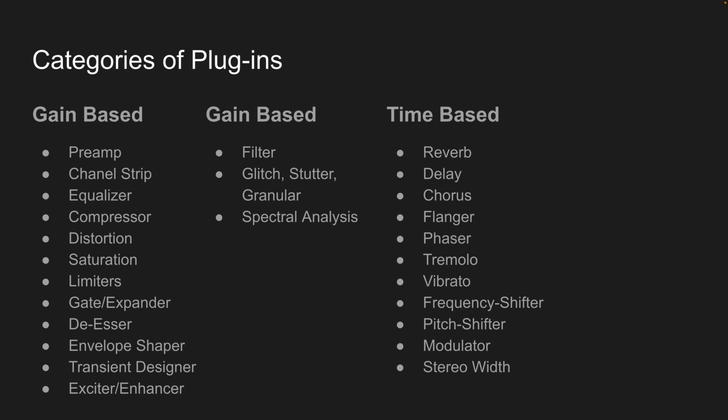And then a big thing is stereo width. This isn't necessarily time-based, and neither really are the frequency shifters and stuff. It's more not gain-based, I guess. It falls in the other category. But the great thing about stereo width plugins is it gives more dimension to your mix.